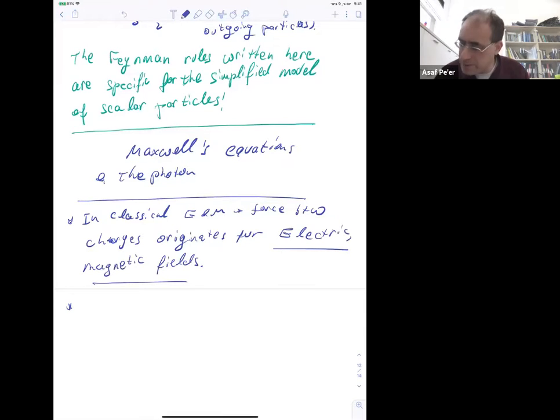In quantum physics, the field is quantized.